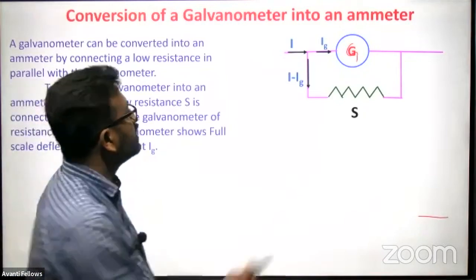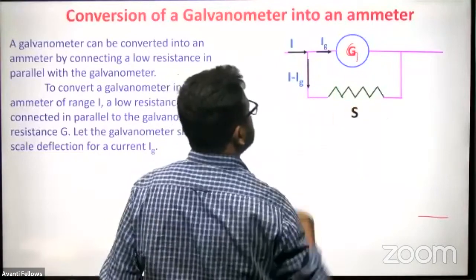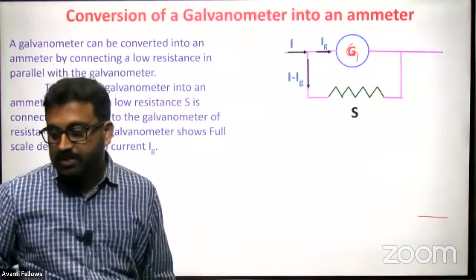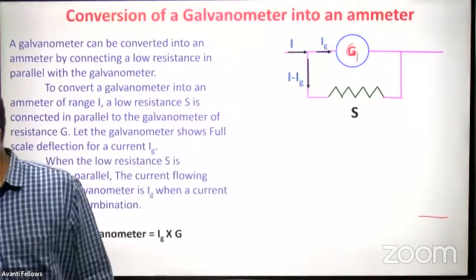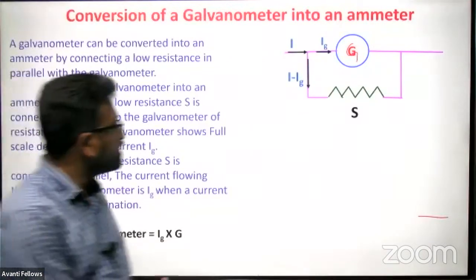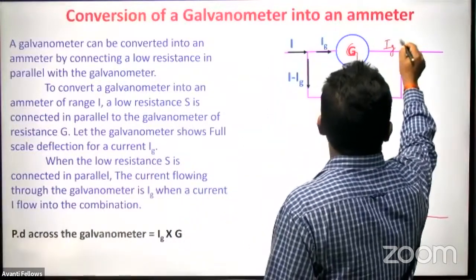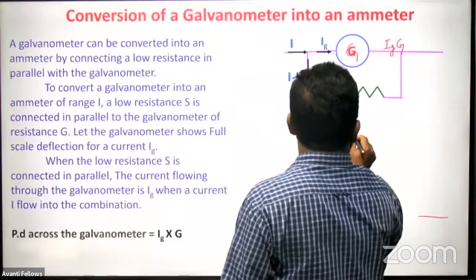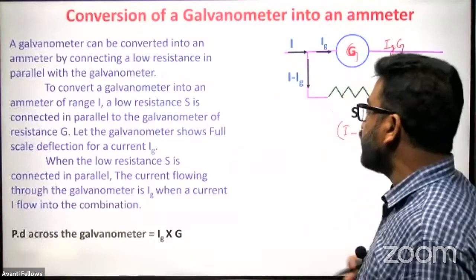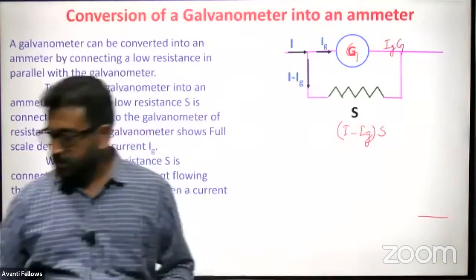See here, the current entering here is I. Ig is flowing through the galvanometer. I minus Ig is coming through this resistance, which is a low value resistance called a shunt resistance. The potential difference across the galvanometer is Ig into G. Here it is I minus Ig multiplied by S. Both are connected in parallel, so both potential differences will be equal.